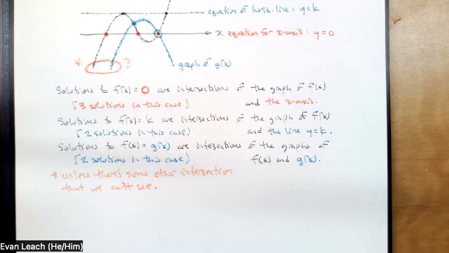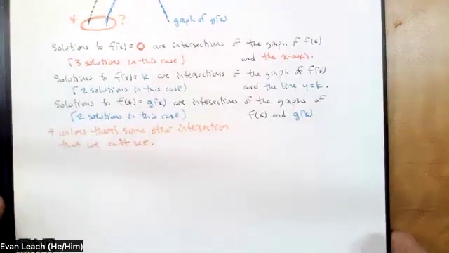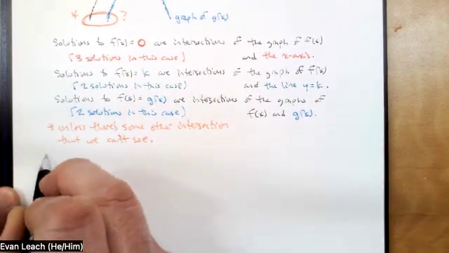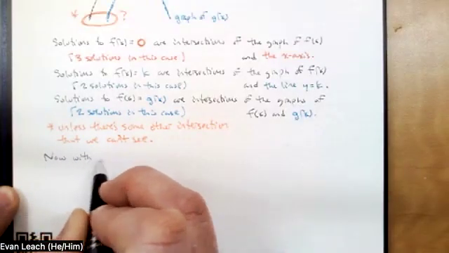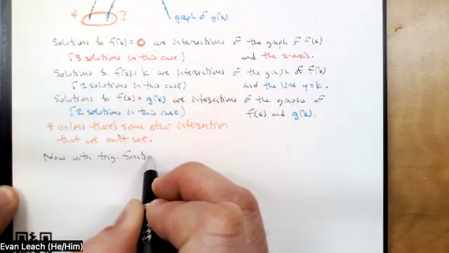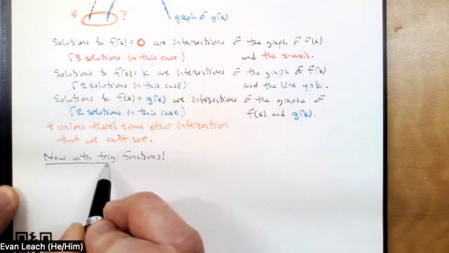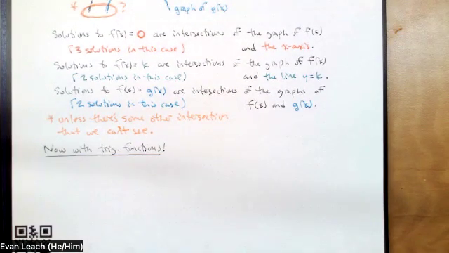That's beside the point. So we're thinking about these intersections with graphs of functions. And we want to think about what happens when we start using trigonometric functions. In particular, sine waves.